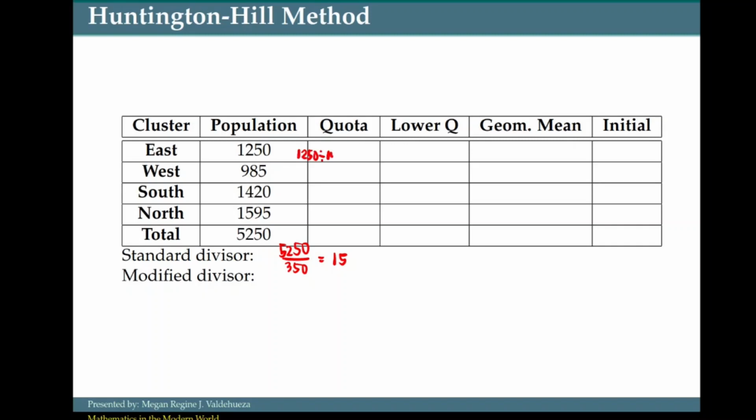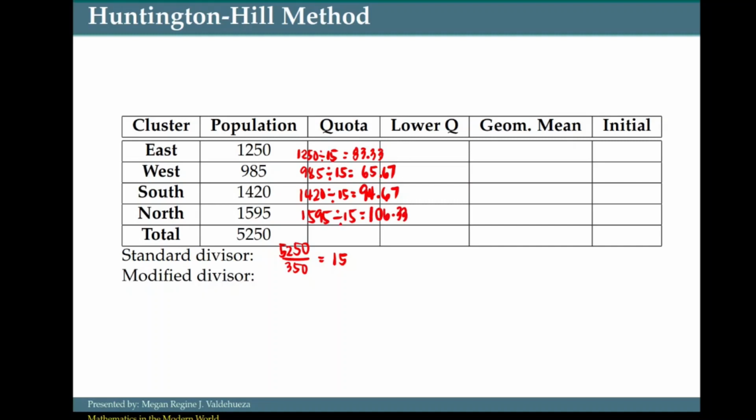So 1,250 divided by 15 will give us 83.33. 985 divided by 15 is equal to 65.67. 1,420 divided by 15 is equal to 94.67, and 1,595 divided by 15 will give us 106.33.